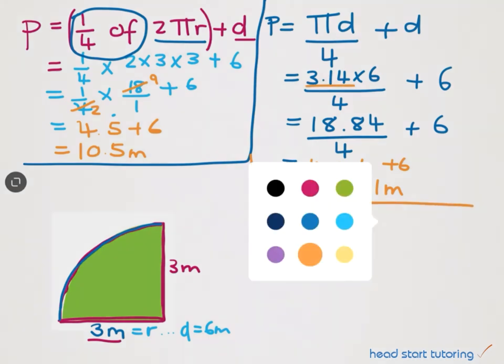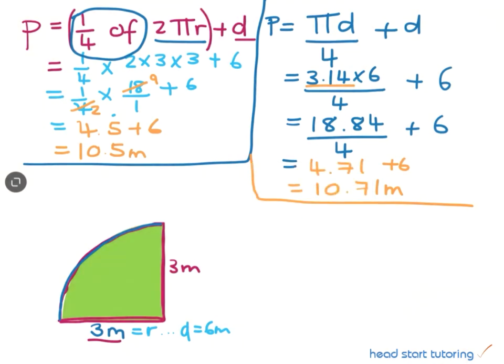Right, let's now have a look at the perimeter of this quarter of a circle using pi equal to 22 over 7. So again, our perimeter is equal to a quarter of, we can say 2 pi r, or pi times d, and we just need to plus our diameter at the end.